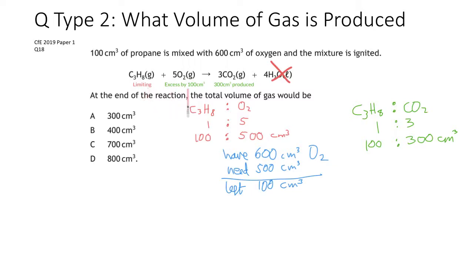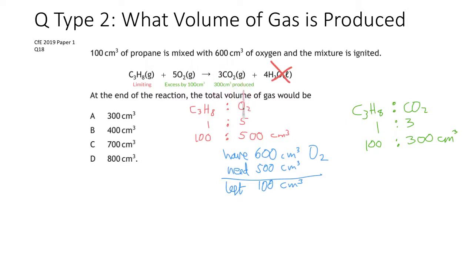So looking up at this balanced equation, I've put the information we've worked out there. The propane was limiting, all of it was used up in the reaction. We had excess of 100 centimetres cubed for the oxygen, and the propane reacted to make 300 centimetres cubed of carbon dioxide.